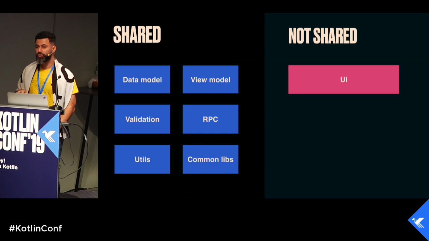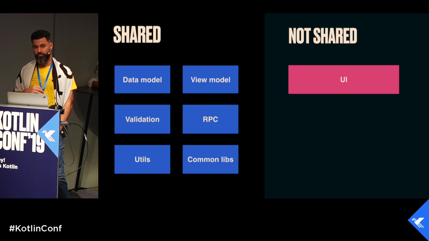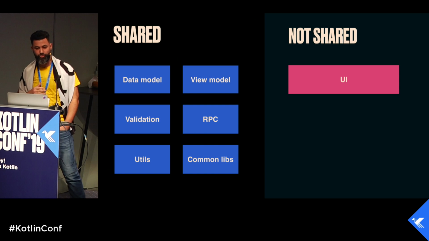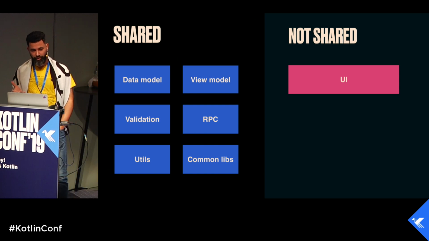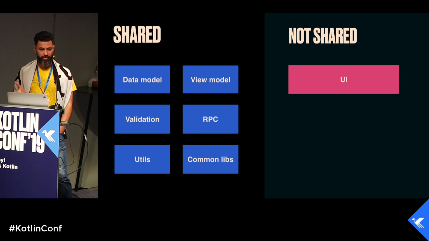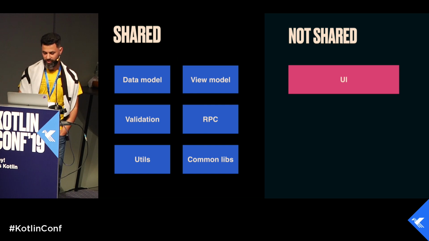But we don't reuse UI components. We think that every platform has its own infrastructure, and you want your application to look native on iOS, and you can hardly achieve it using frameworks that enable you to write one UI code and use it everywhere. So we don't reuse this.